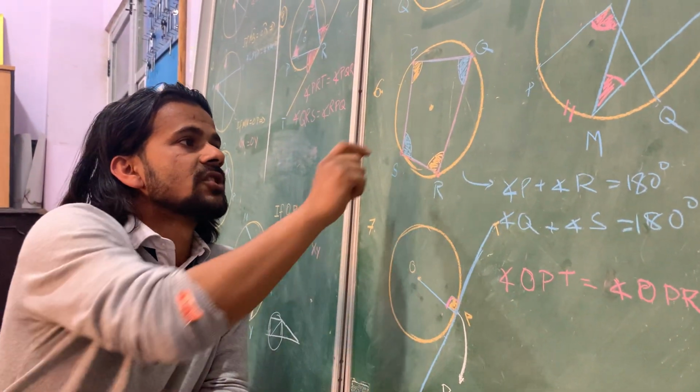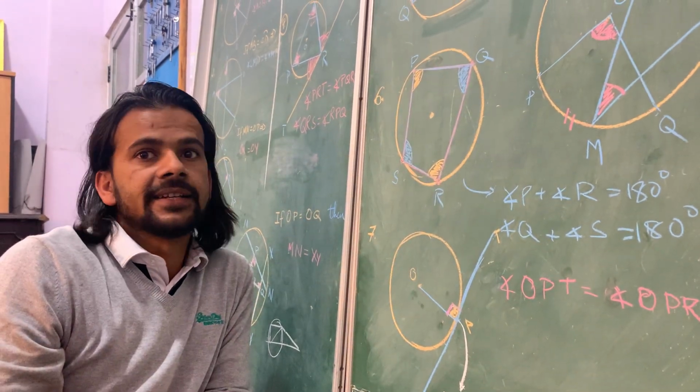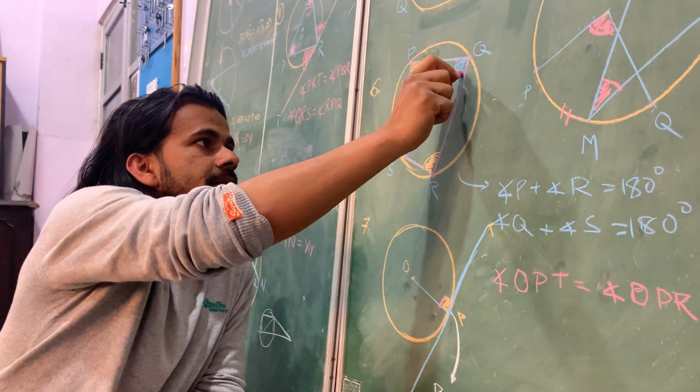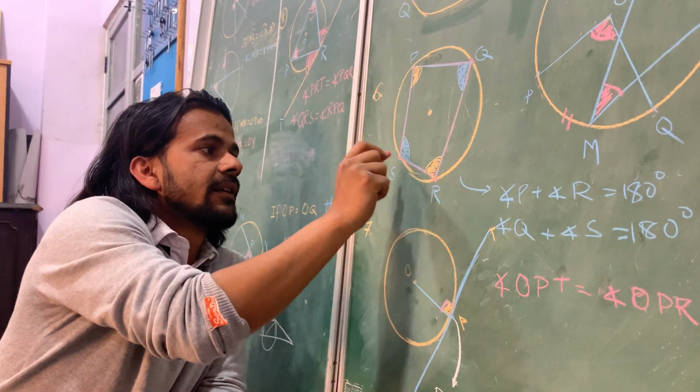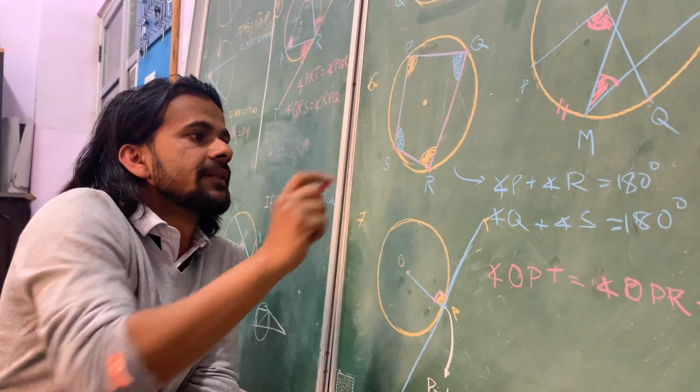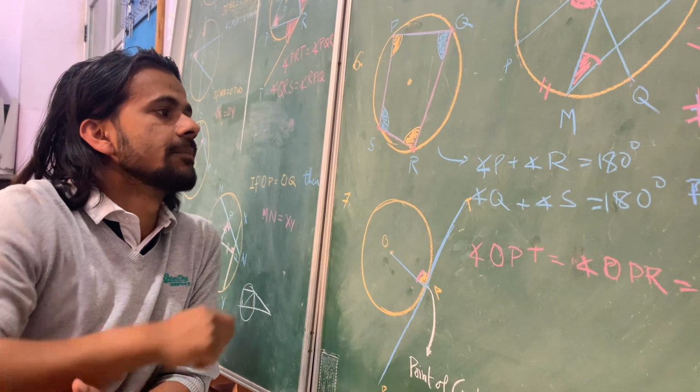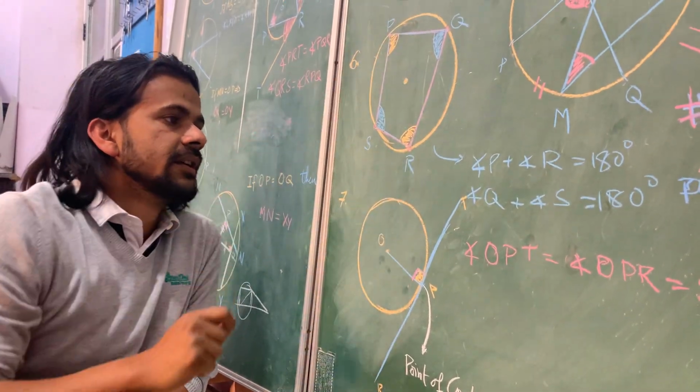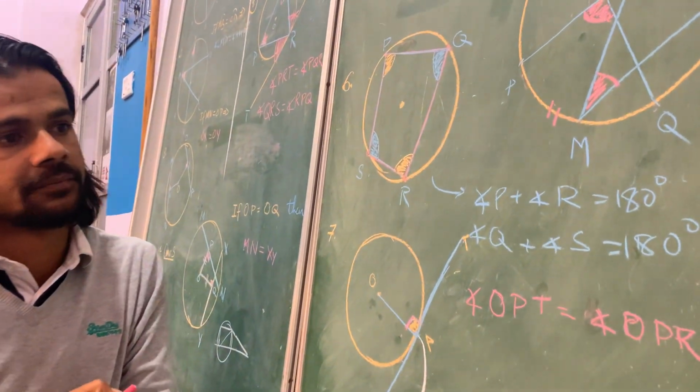That means they sum to 180 degrees. Angle P and angle R, if you sum them, it gives you 180. Similarly, if you sum S and Q, it's going to give you 180.